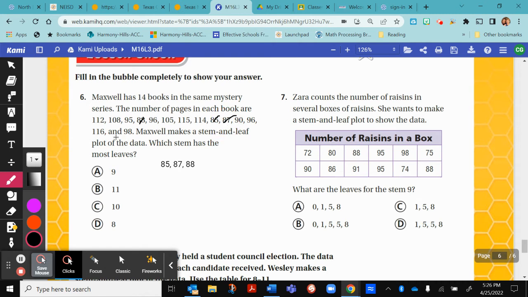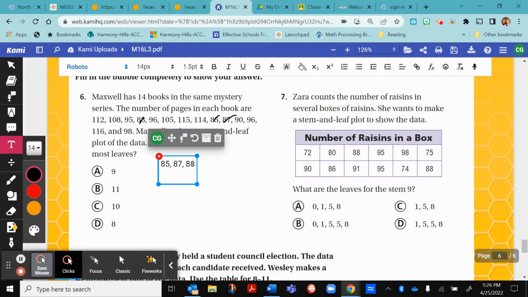Do you see any more stem 8s? No, so let's go to the 9s. I see a 90, 2 96, and a 98. So I'm going to go ahead and place those. I have a 90, 2 96, and a 98.